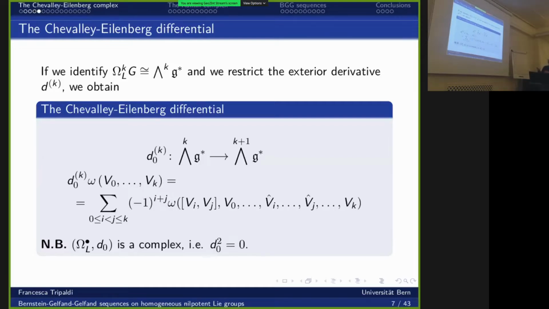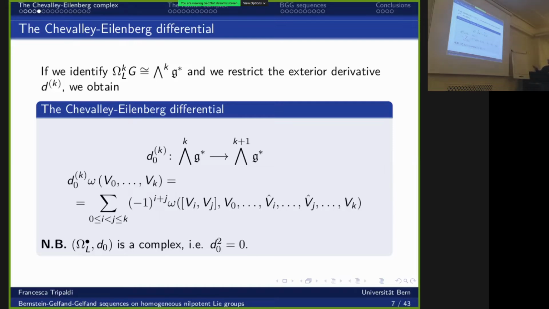Maybe it's clearer if you identify left invariant forms with covectors of the Lie algebra. You can think of the Lie algebra as the tangent space at the 0 point, and then you translate, and it's going to be copies of the same thing everywhere.